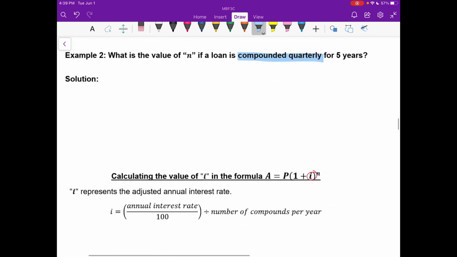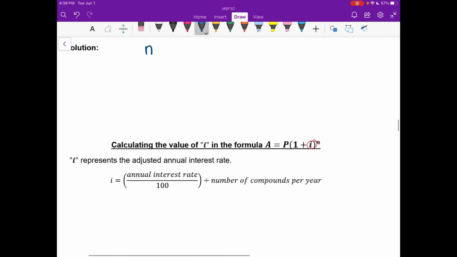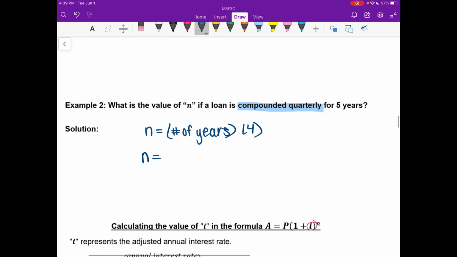So N is equal to 5 years times 4, which is 20. It's really easy. You just need to look at that chart or think to yourself, if something's compounded quarterly, it must be reinvested 4 times that year. So I know it's going to be 4 times 5.